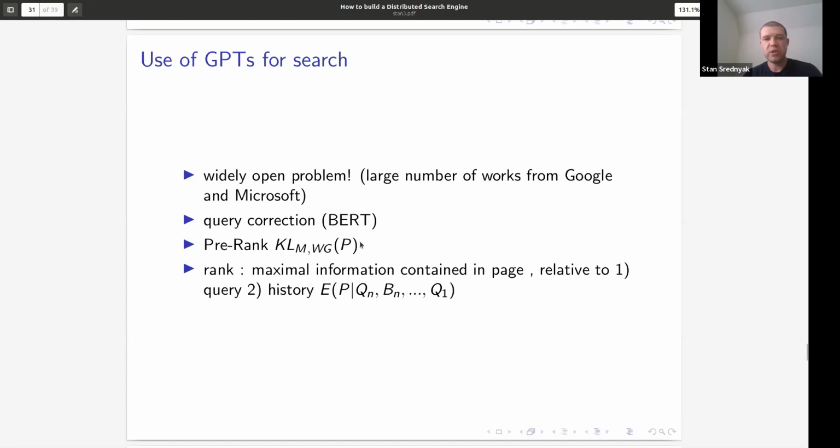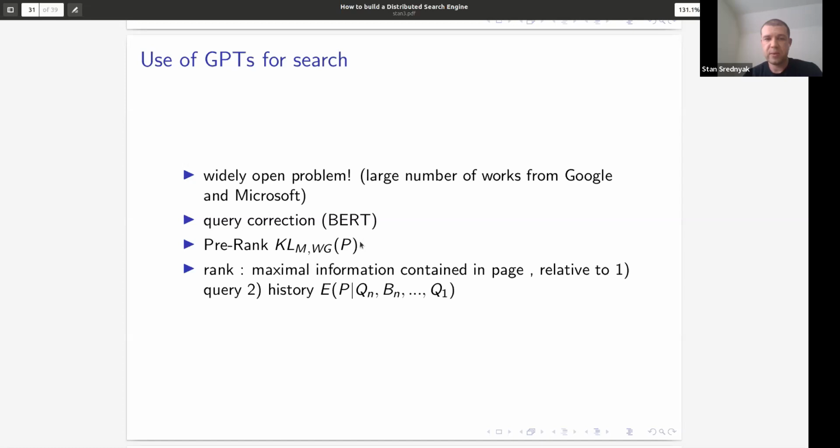For search, it is very important to pre-rank pages, because if you search for some rare words, this is actually not a problem if you have a dozen of pages that contain that word, and you can return all of them. But that's not a very typical situation, I should say.